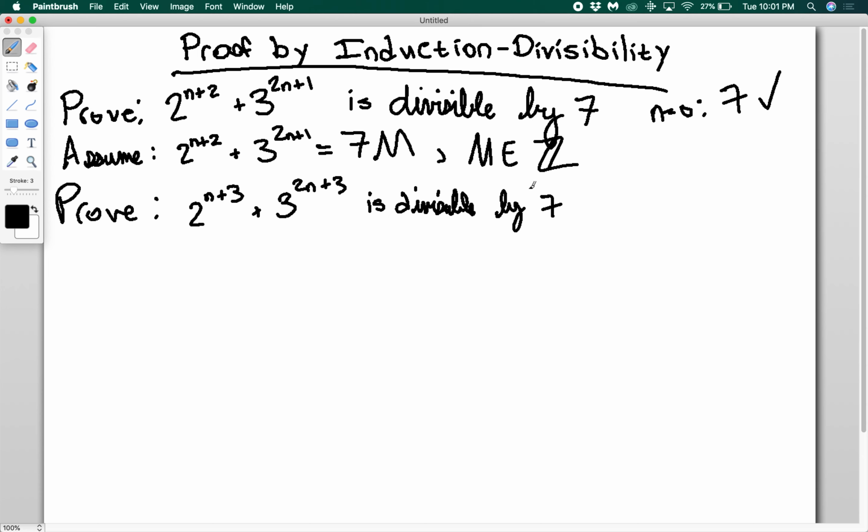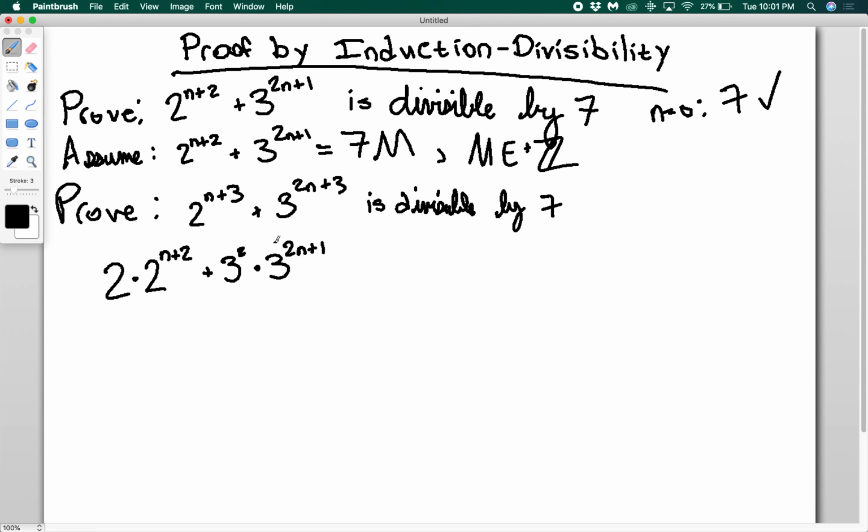And if m is an integer, it's a positive integer specifically because our base case is 0. Then that might be useful to us. What I can do down here is say 2 to the n plus 2 times 2 plus 3 squared times 3 to the 2n plus 1 is a way to rewrite this.